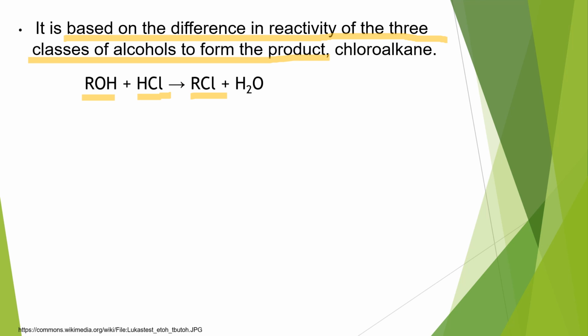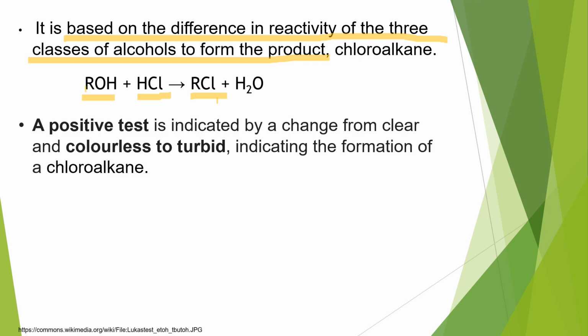So alcohol, on treating with the Lucas reagent, the ROH reacts with HCl forming RCl. Fine. In this chloroalkane formation, the rate of reaction of primary, secondary and tertiary alcohol differs. So each one reacts at a different rate to form this product. So thereby we can differentiate or distinguish those alcohols.